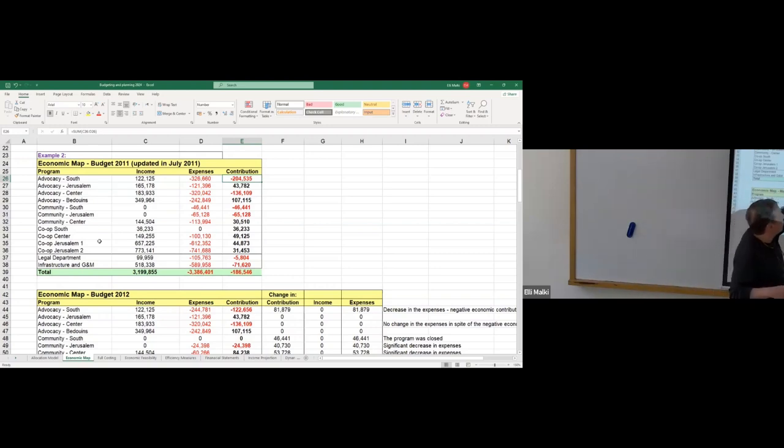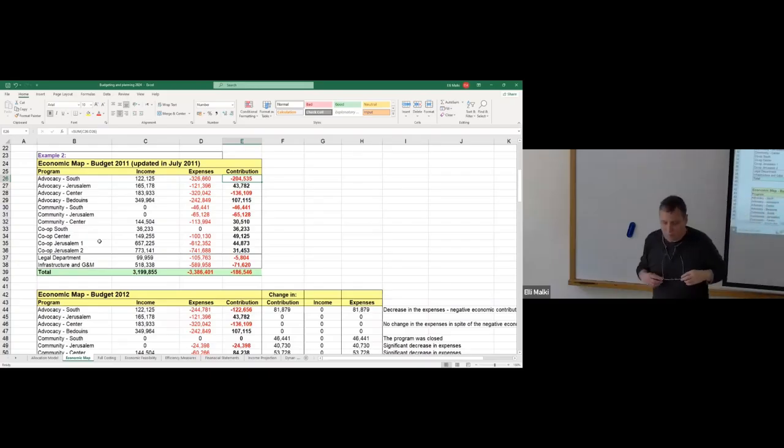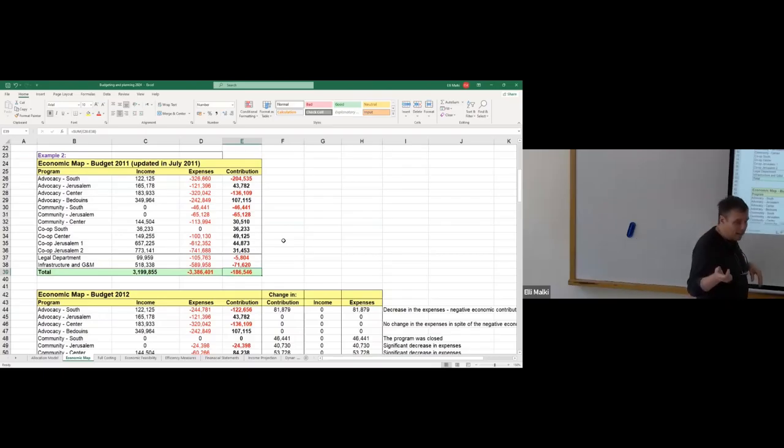And we have the economic contribution. We can see that part of the programs have a positive economic contribution, part of the programs have a negative economic contribution, but overall the organization still had a planned deficit in 2011, which it wanted to eliminate.